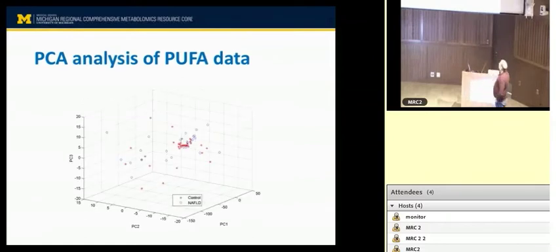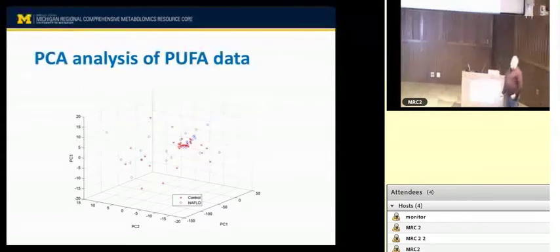So here is another view with three principal components. Here I'm using the entire panel, and we can see that the controls and the NAFLDs do not separate that well. So that's where you start exploring your data. If you have a small targeted assay with 15 compounds, there are lots of other ways of visualizing and getting a feeling for the data.